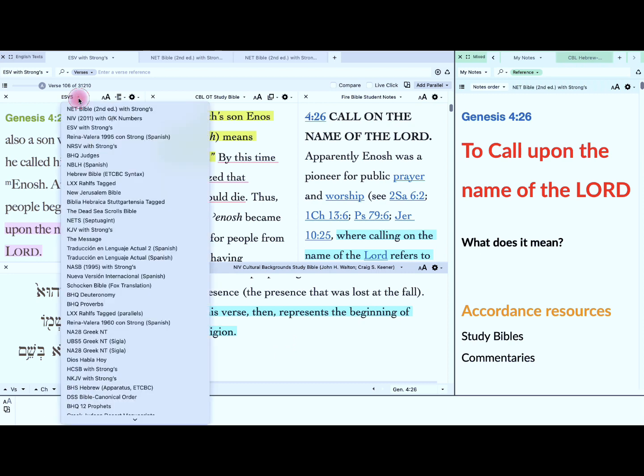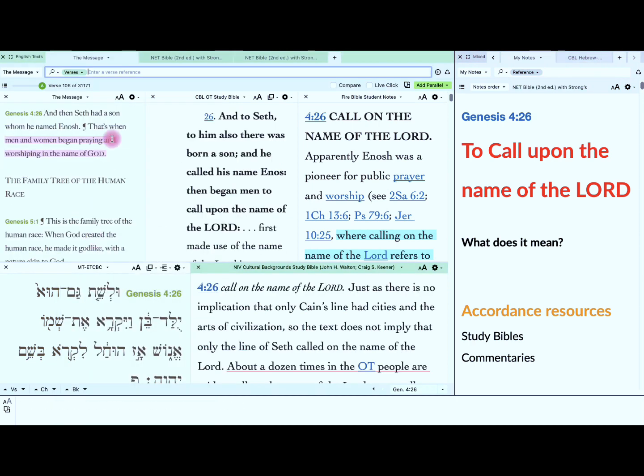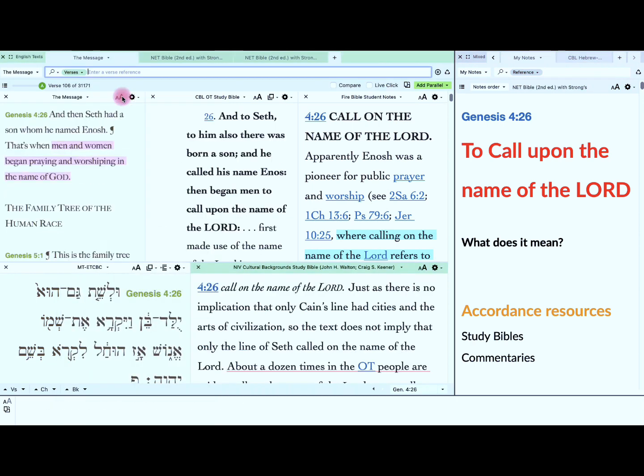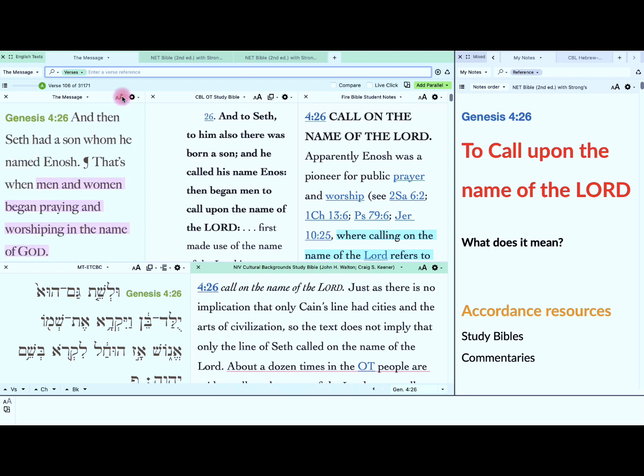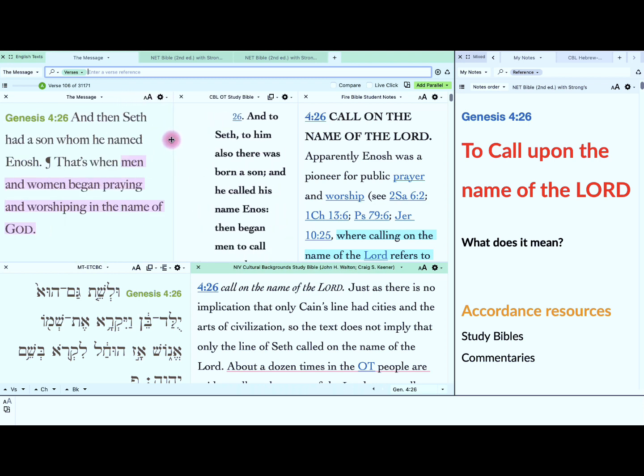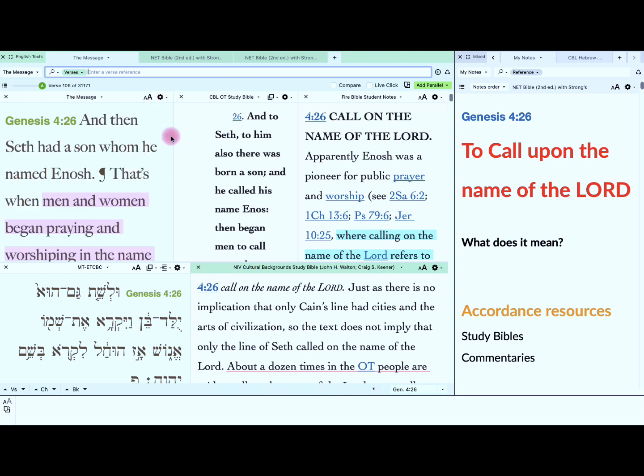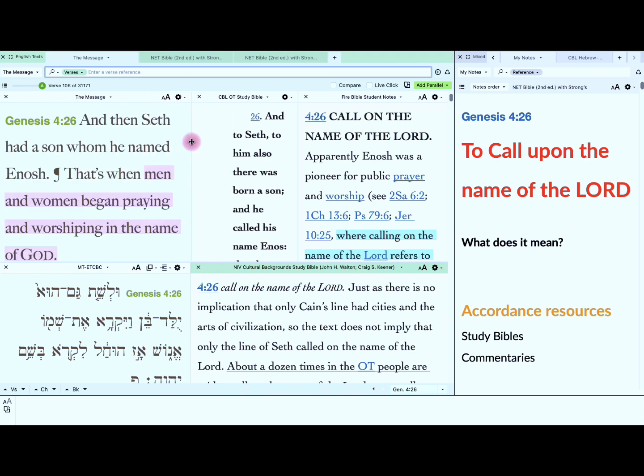I'm going to finish our study by reading once again the Message version, which I like pretty much. Okay, and we're going to finish with this text. A pretty nice translation for this text is found in this Bible, the Message, and it says, and then Seth had a son whom he named Enosh.